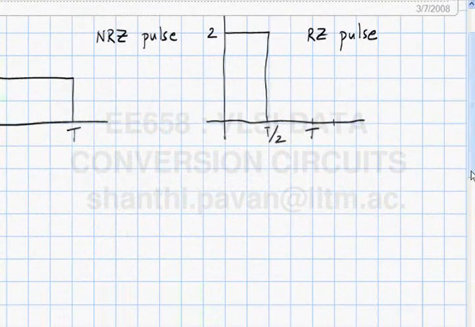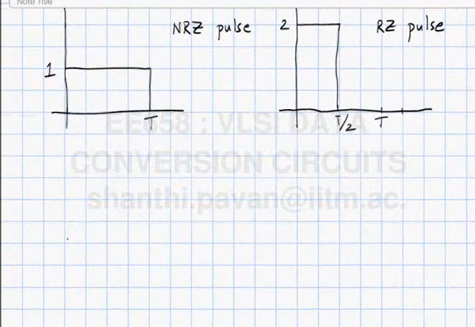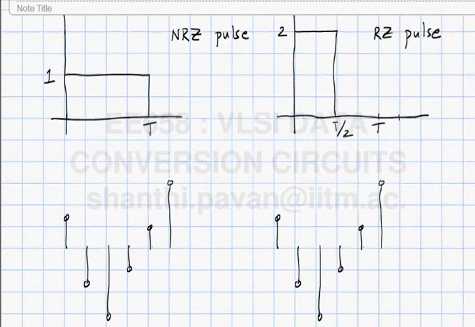Just to build a little more intuition, a DAC with an NRZ pulse shape will produce, for example, if this was the discrete time signal, an NRZ DAC will produce an output as shown in red here.